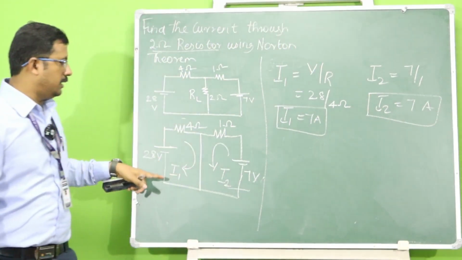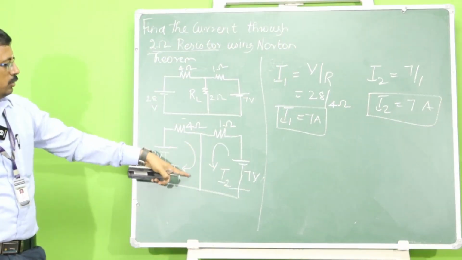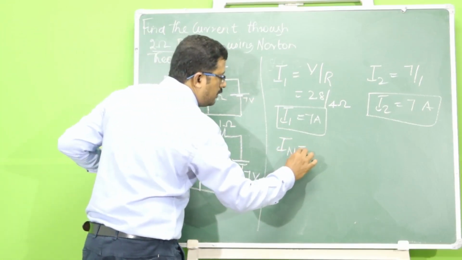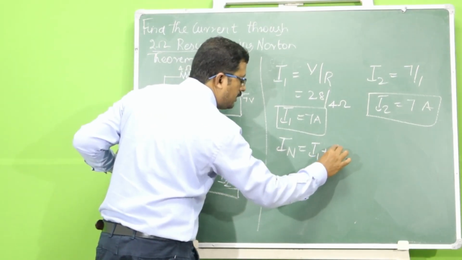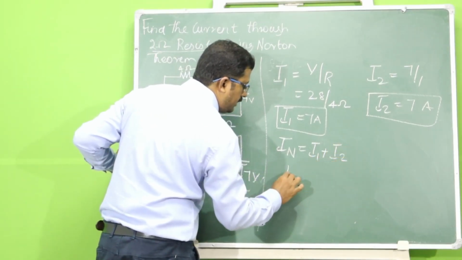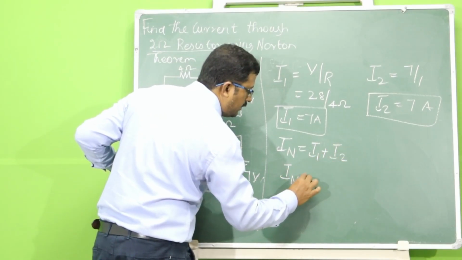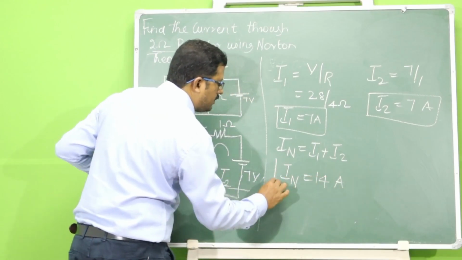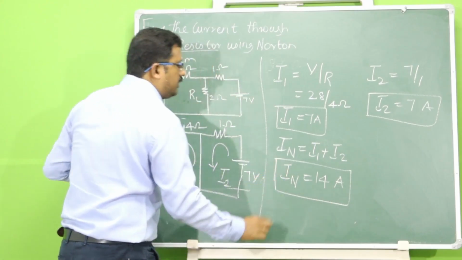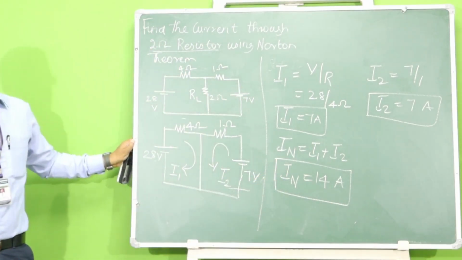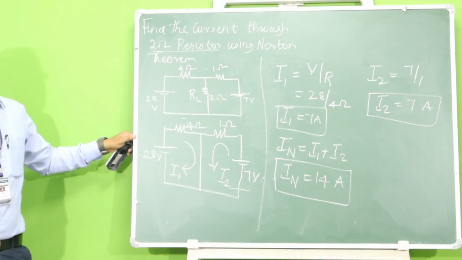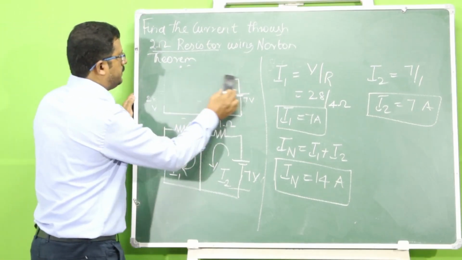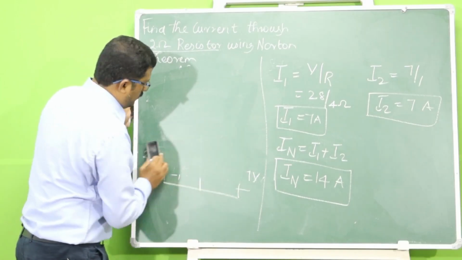Now just observe this circuit. The current flowing in this short circuit path can be written as In is equal to I1 plus I2. You will get the Norton's current In equal to 7 plus 7, that is 14 amps. So this is my Norton's current value. The final step is to find the equivalent circuit of Norton's theorem.